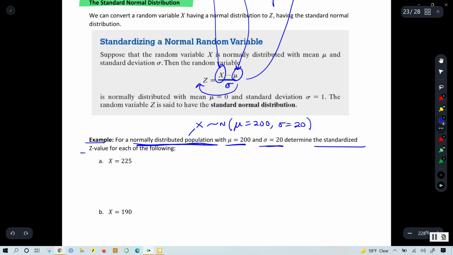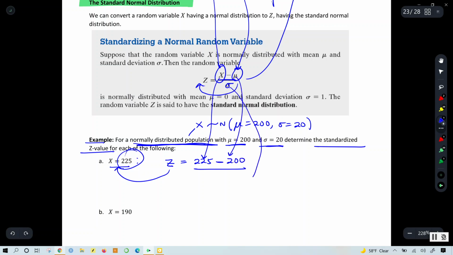We have to get the standardized z value. When x is 225, the standardized z value is the raw value of x, 225, minus the mean, which is 200, divided by the standard deviation, which is 20, and that gives you 25 divided by 20, which is 1.25.